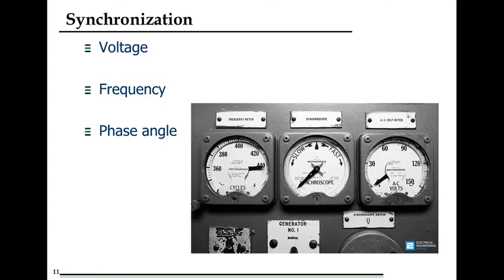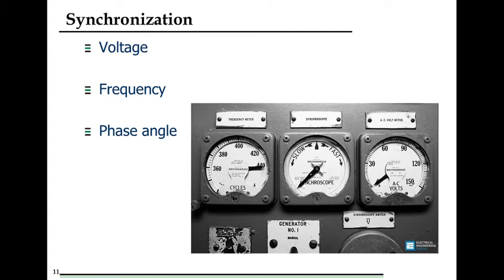Basically, there are three parameters that we check before synchronization. One is the terminal voltage, meaning the voltage level at which we are synchronizing to the grid. Second is the frequency, meaning what is the frequency of the grid and what is the frequency of the incoming generator that needs to be synchronized to the grid. And third is what we call phase angle, but this is not exactly phase angle.